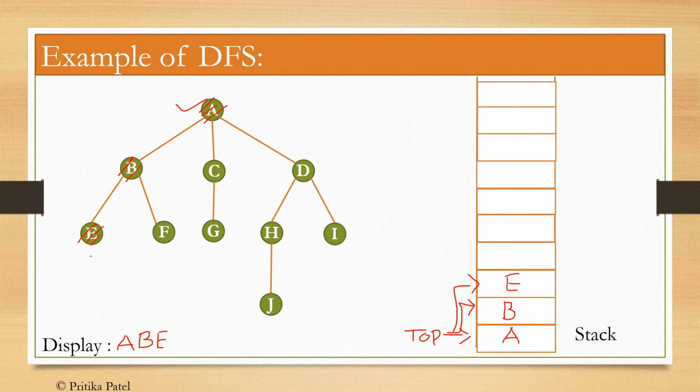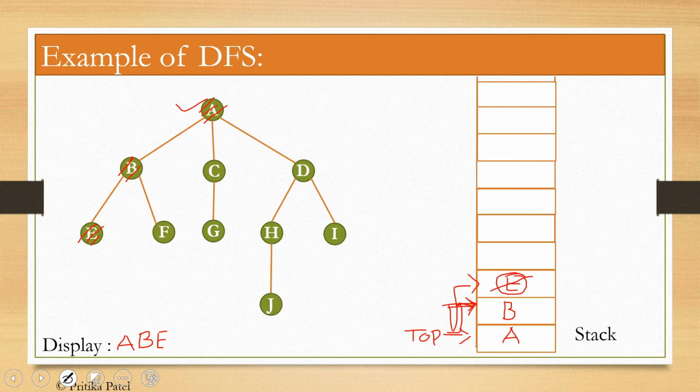So the else part of rule number 2 is executed. In the else part, pop the top element of the stack. So from here we pop this E. So now again B has become the top of the stack.